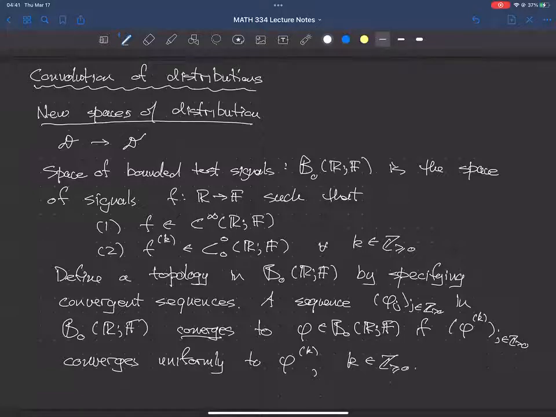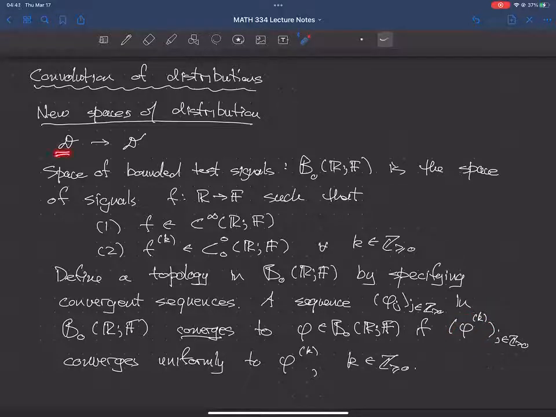So it's not as intricate as convergence in D, where we had this same condition, which is that the sequence of derivatives converges uniformly to the derivative. But we also required that there be a common compact support for all of these things.